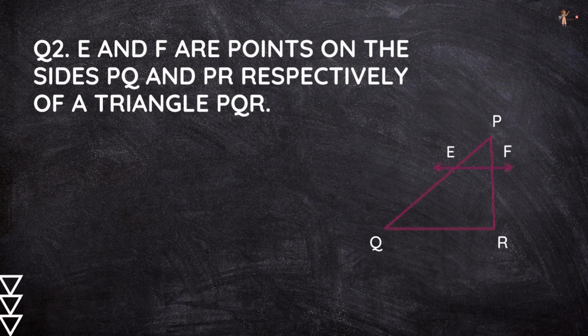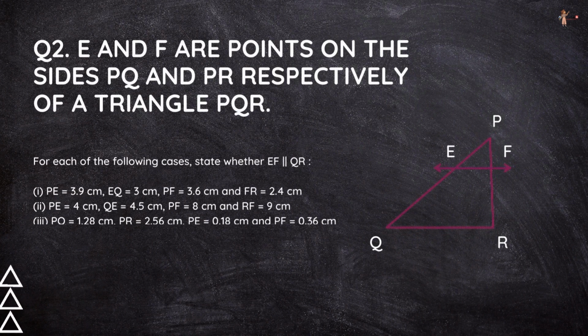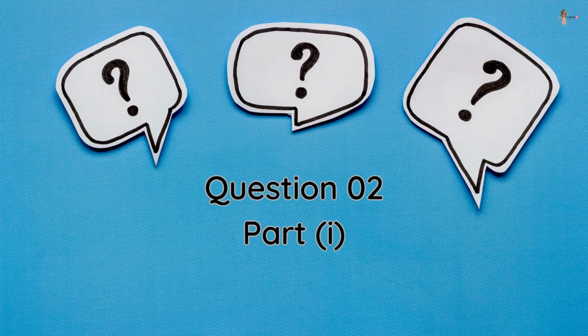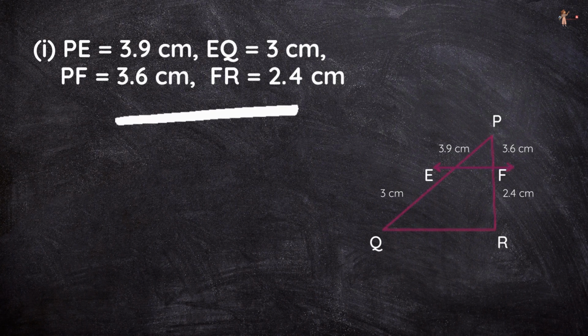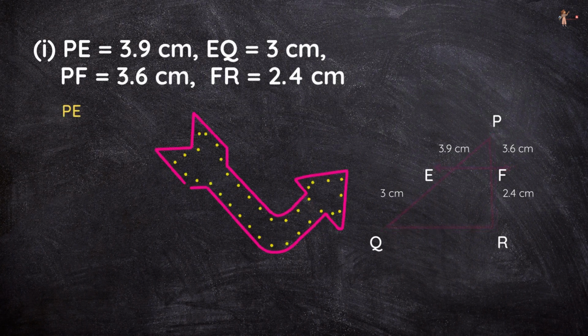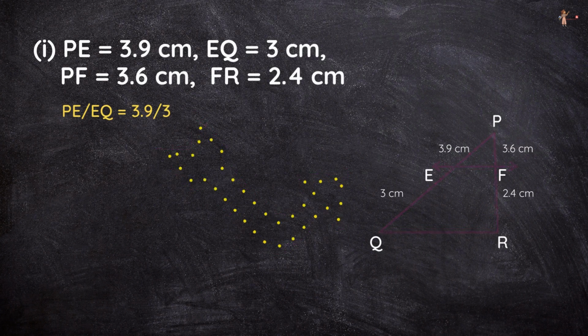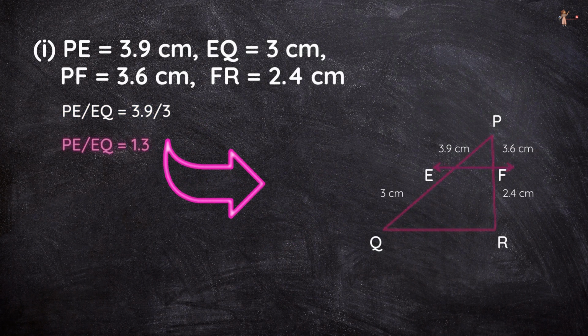E and F are points on the sides PQ and PR respectively of triangle PQR. For each of the following cases, state whether EF is parallel to QR or not. Let's see the first part now. This is what is given, which would mean that PE upon EQ would be 3.9 upon 3, which gives us 1.3.